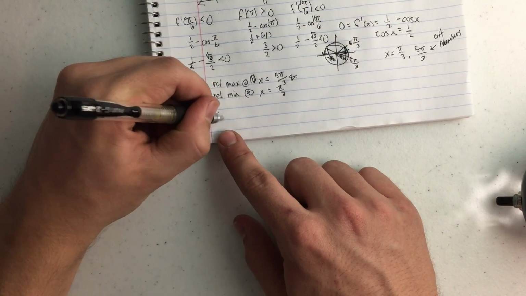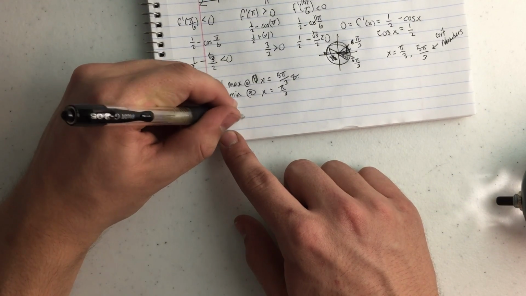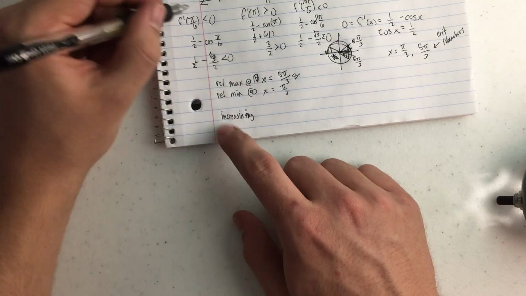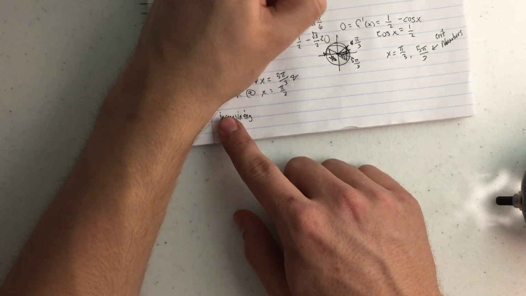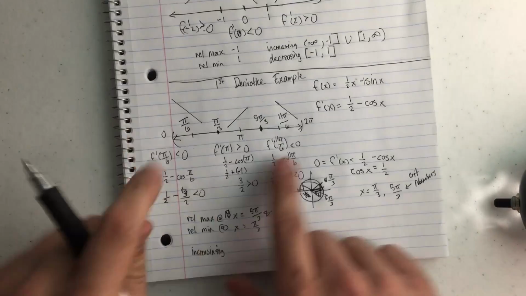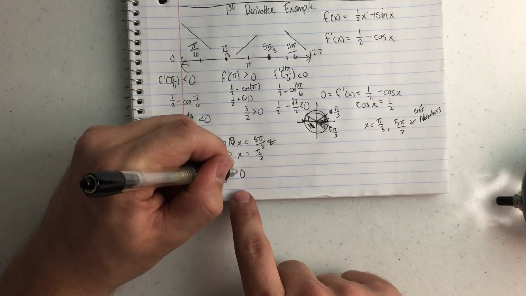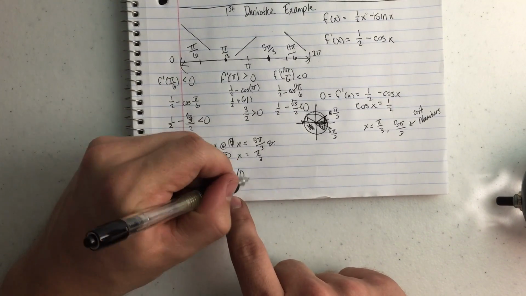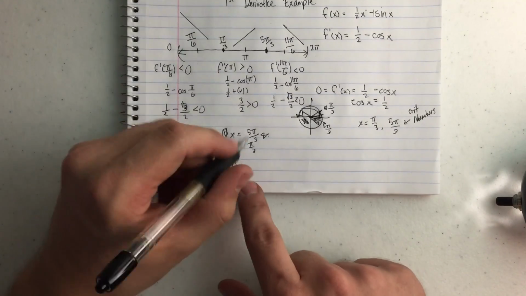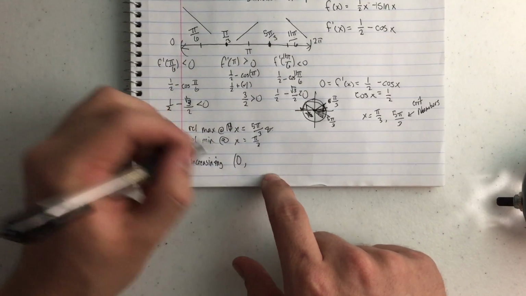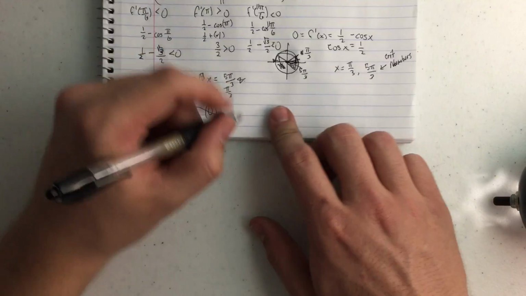And then for the function increasing and decreasing, I'm going to limit the interval from 0 to 2 pi. Oh goodness, almost messed up.